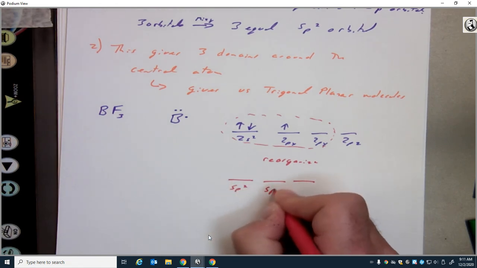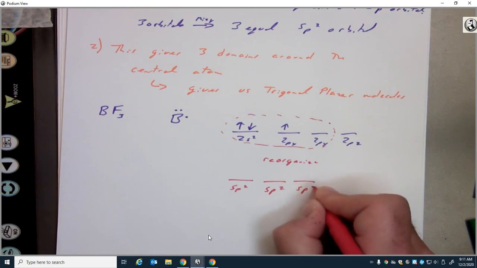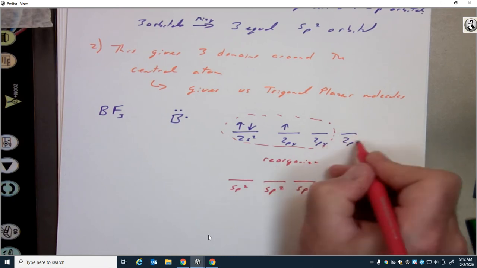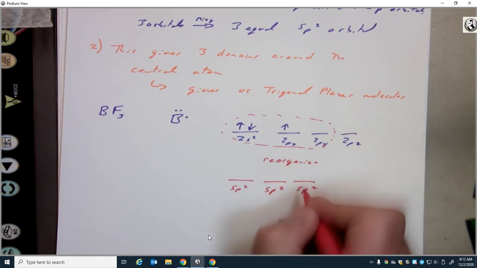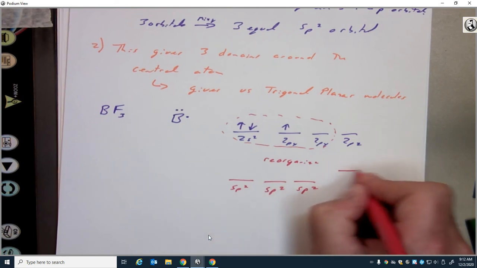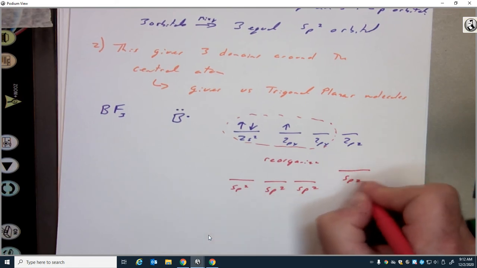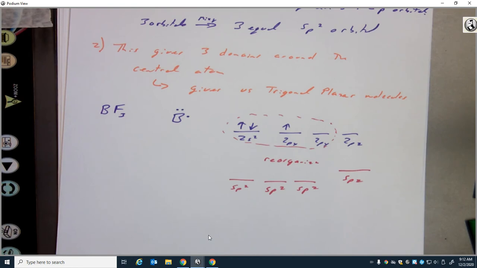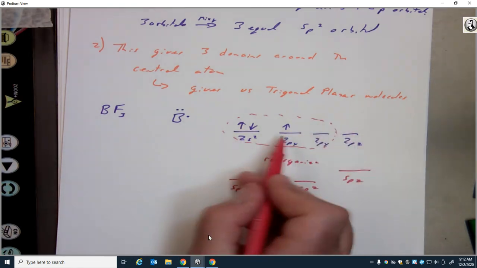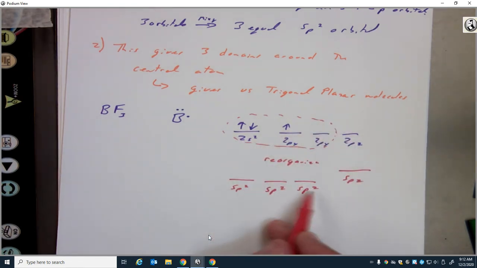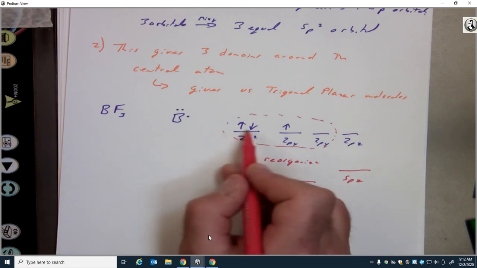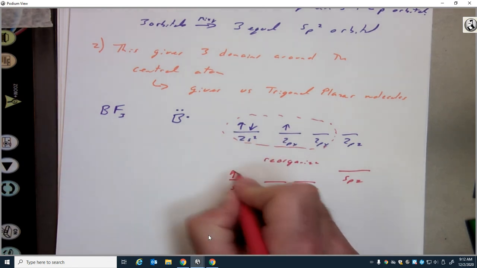And we end up having 3 equal sp2 orbitals. Now, we didn't mix this one, so he's still here, and he has a little bit more energy than these, so he would be up here. The unhybridized p would still be up here. Right, so we mixed 3 orbitals and got 3 equal hybrid orbitals. Now, what would these electrons be doing?